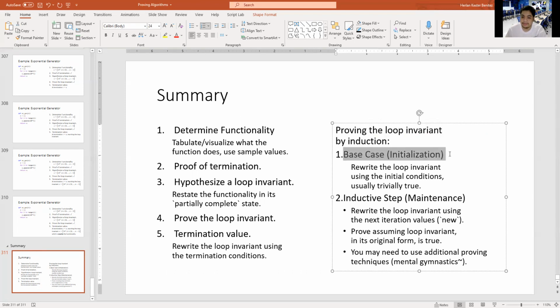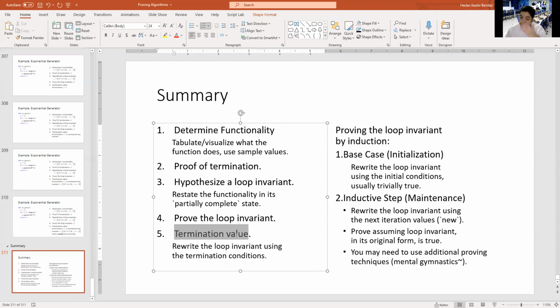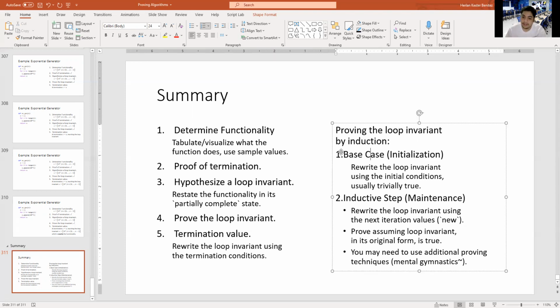Or, I guess, yung 3 steps kung ika-count niyo yung termination. Pero, yung first step is determining the base case. So, to check yung base case, if consistent siya with the loop invariant, i-rewrite nyo lang siya using the initial conditions. Usually, i equals 0, the list is empty, etc.